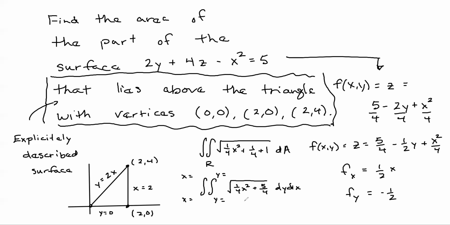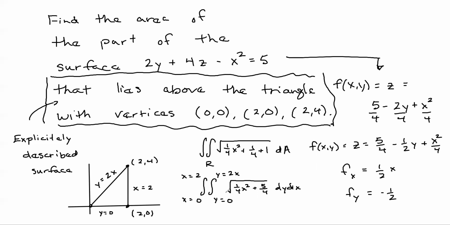So what's the y equals going to be? When you're doing y equals, it goes bottom to top. So the bottom is y equals 0. The top is y equals 2x. Then you go left to right, which is x equals 0 on the left side, and the right side is x equals 2. And we get to here.